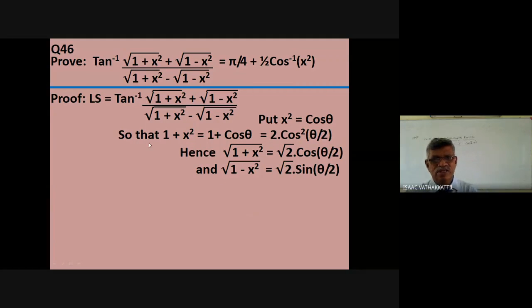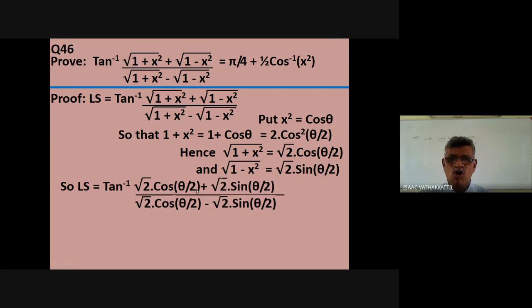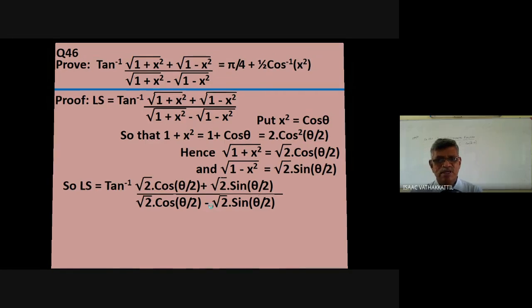Substitute these values in the left side: tan inverse of (root 2 cos theta by 2 plus root 2 sine theta by 2) upon (root 2 cos theta by 2 minus root 2 sine theta by 2). Shall I take root 2 common?